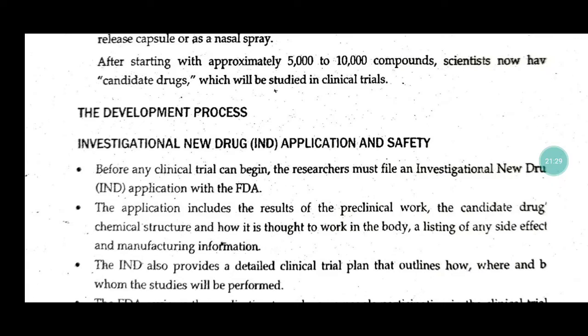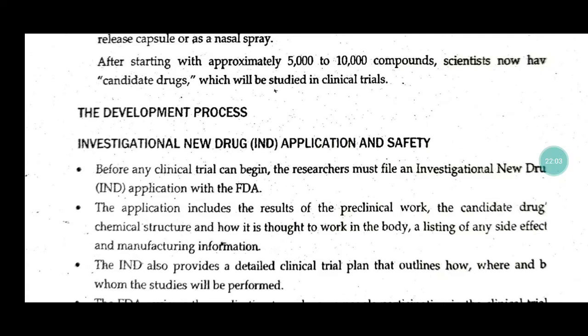Before any clinical trial can begin, the researcher must file an investigational new drug application with the FDA. The application includes the result of the preclinical work, the candidate drug's chemical structure, and how it is thought to work in the body, along with any side effects and manufacturing information.